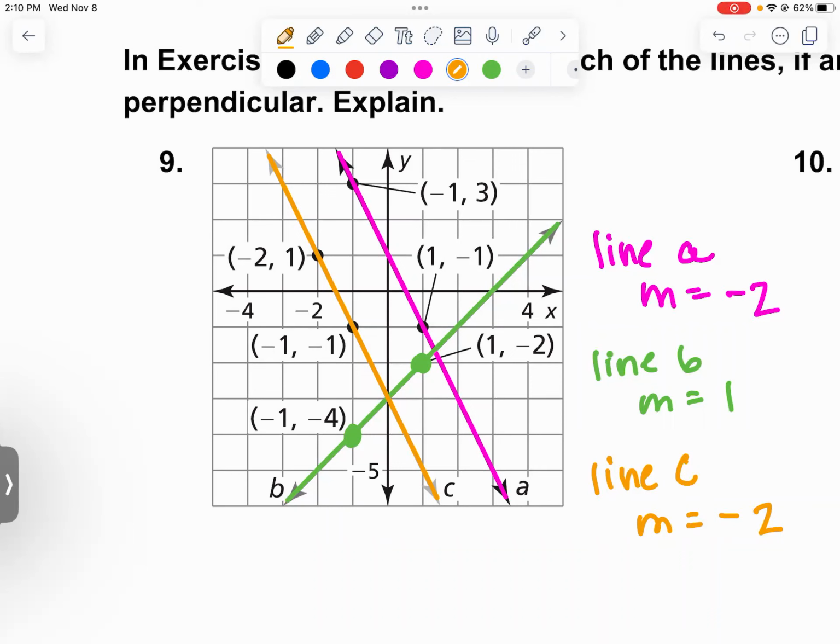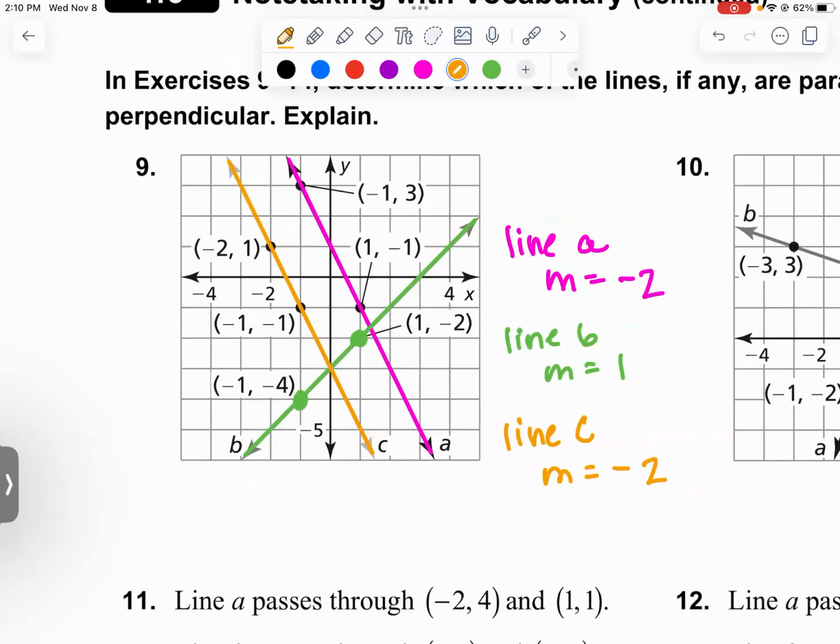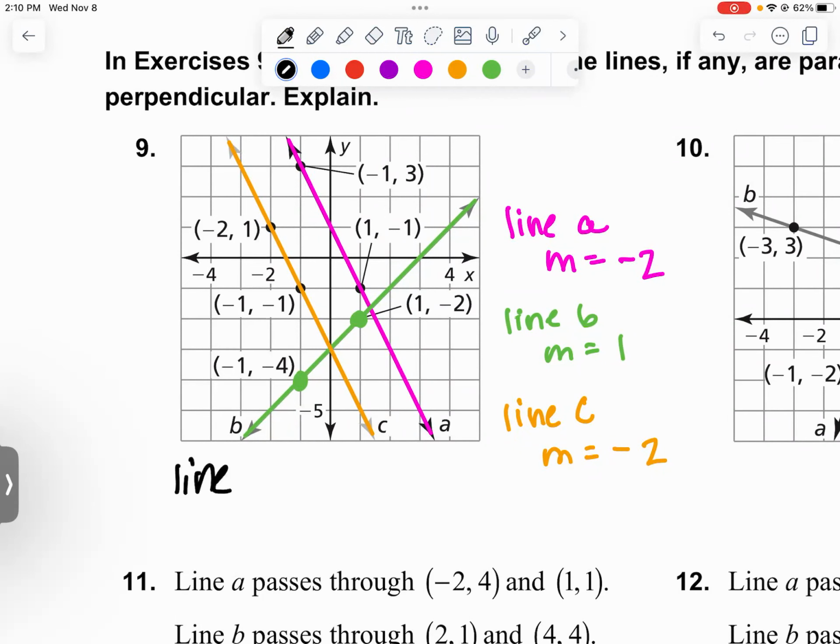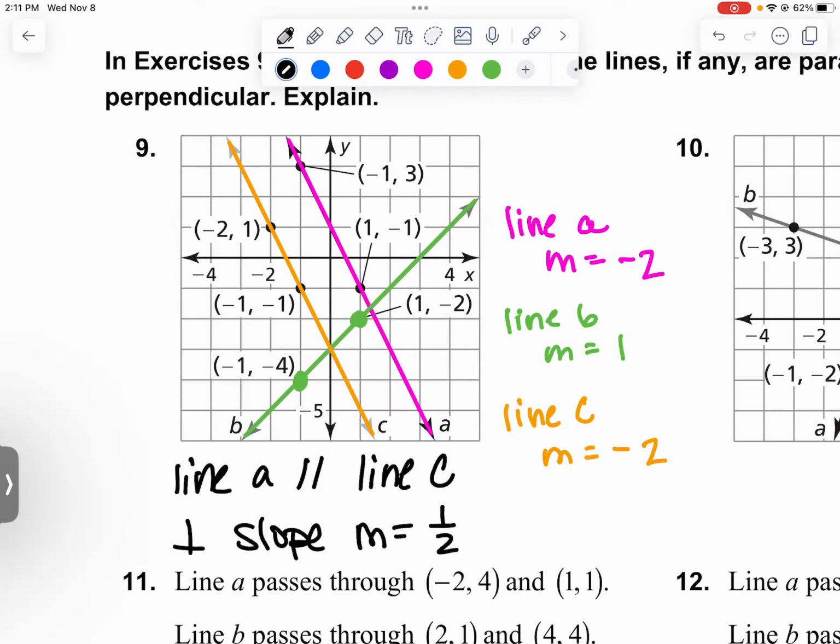Okay, so what do we know? Are they perpendicular to line B? Okay, so if these have a slope of -2, our perpendicular slope would have to be +1/2.